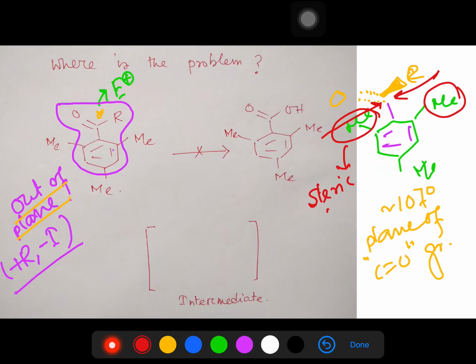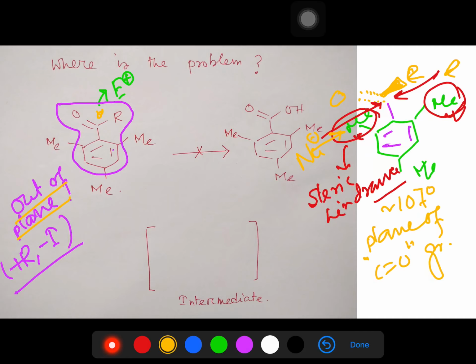So because of this steric hindrance, the nucleophile cannot attack this. So two points. First of all, because of the steric hindrance of these two methyl groups, the carbonyl group goes out of plane, point number 1, and point number 2 is the steric hindrance stops the nucleophile from attacking this carbonyl group.